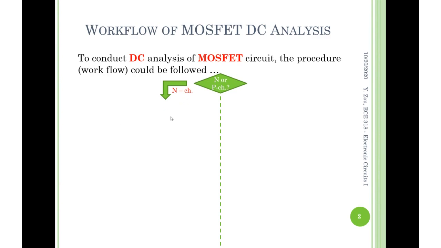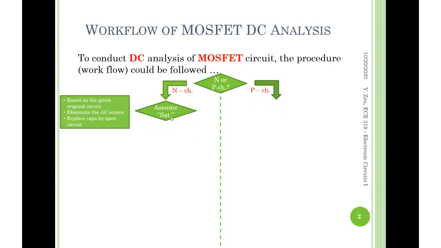After knowing if it is N channel or P channel, of course, two branches. First branch, if it is the N channel, then we assume it is a saturation operation. Of course, meantime, it means you have already had the proper DC circuit ready. Eliminate the AC source, replace the caps with the open circuit.